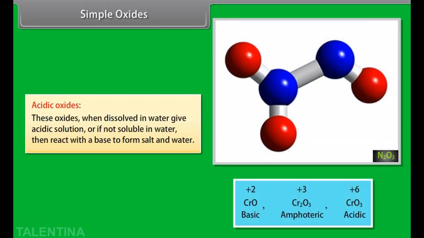These oxides, when dissolved in water, give an acidic solution, or if not soluble in water, then react with a base to form salt and water. For example, SO2, N2O3, P2O3 and Br2O. The acidity of the oxide increases as the oxidation number increases.